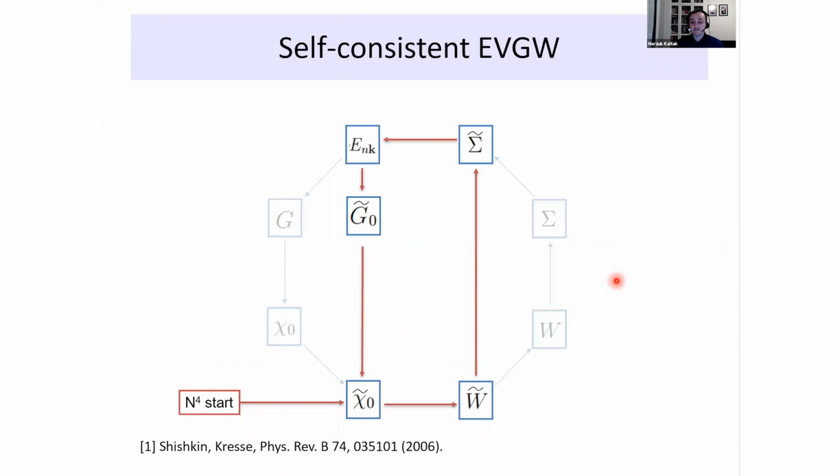So self-consistent GW calculations in VASP can be done, for instance, with this eigenvalue GW approach. The loop here is closed as follows.